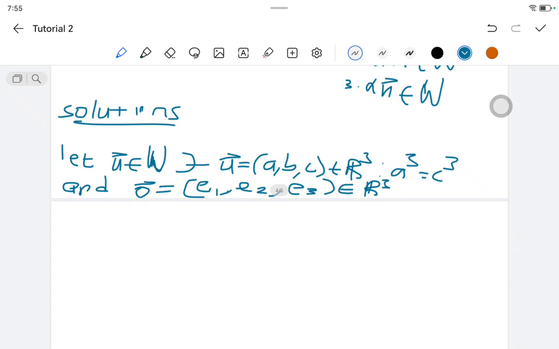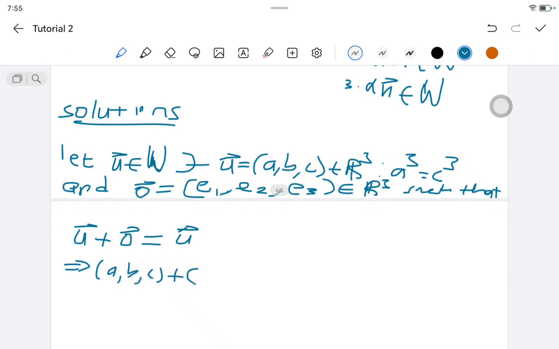Alright, such that we're not going to say this here on the condition of the zero because we haven't confirmed it. Such that when we take u plus the zero, we get u. And this will imply that our u, (a, b, c), plus our zero vector (e1, e2, e3), is equal to (a, b, c). As usual, we add this.